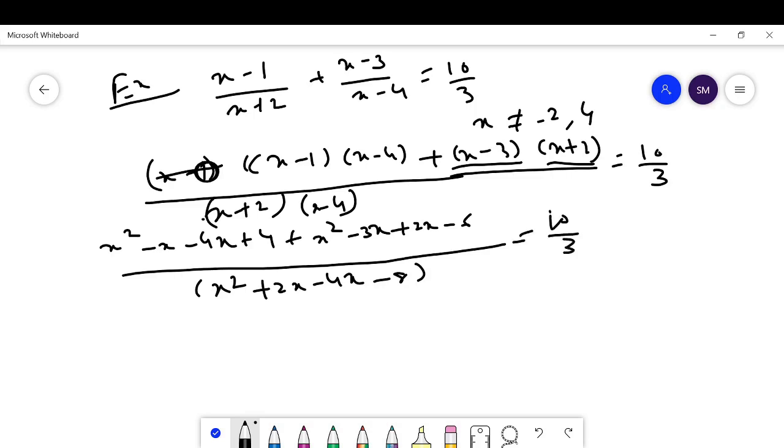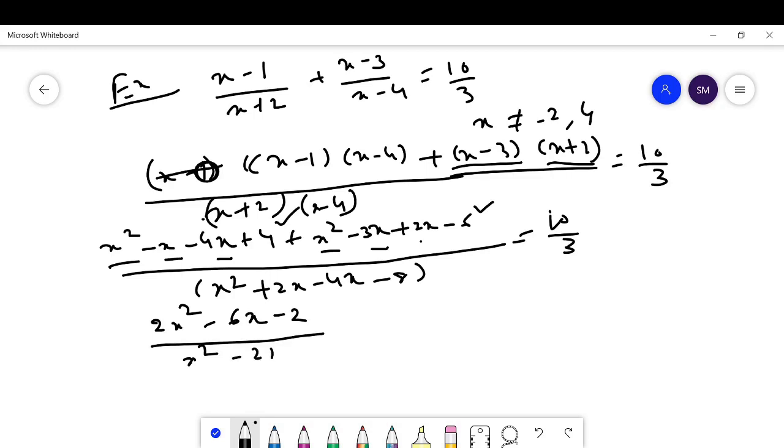Then use cross multiplication. Then here take the like terms, you get 2x square minus x minus 4x minus 3x plus 2x, that is minus 6x, and 4 minus 6 is minus 2, upon x square minus 2x minus 8 is equal to 10 by 3.